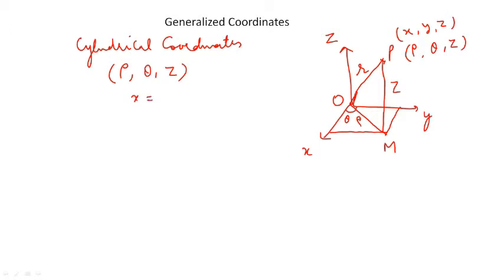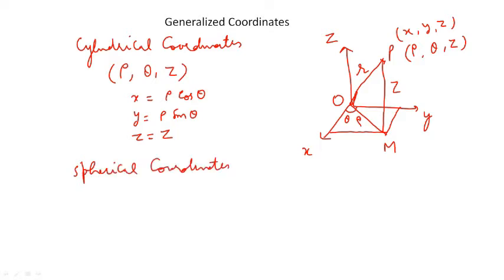That will be like x equal to rho cos theta and y equal to rho sin theta and z equal to z. So these are the cylindrical coordinates, rho, theta and z. The other coordinates are the spherical coordinates. The spherical coordinates we generally define by r, theta and phi.